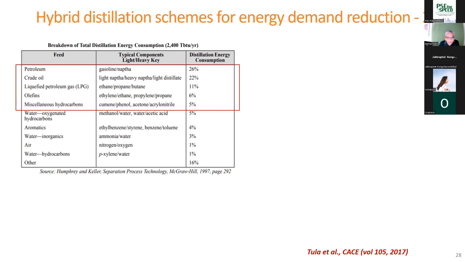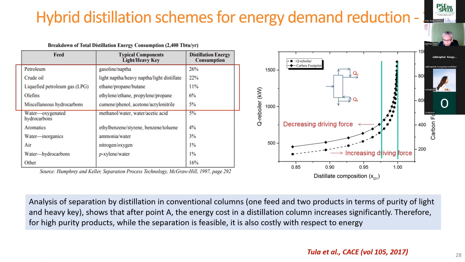And what we have seen, and that is why we say that distillation is not the best. Up to this point, which is not very high purity, distillation is actually best. With very little energy, it can reach a reasonably high purity. But if we want to go from this point to this point, then what this curve shows is the reboiler duty versus the composition of the distillate.